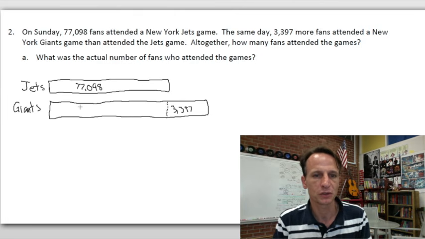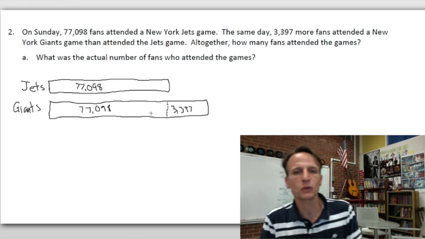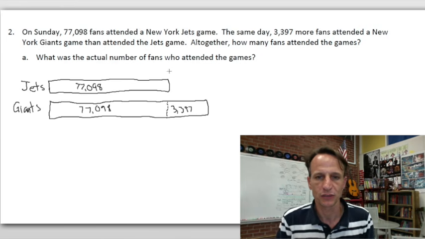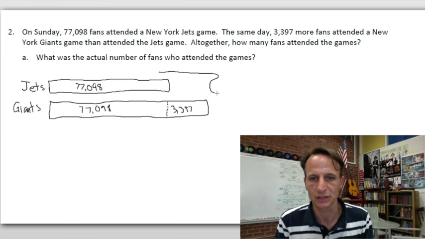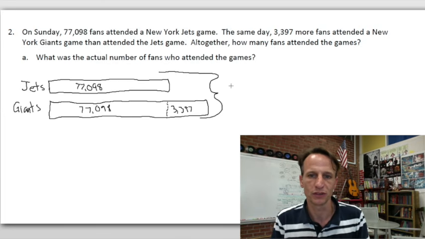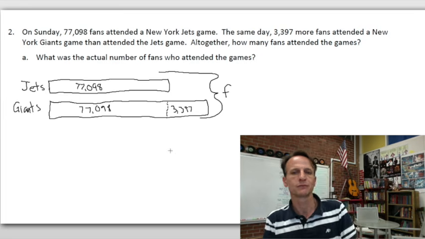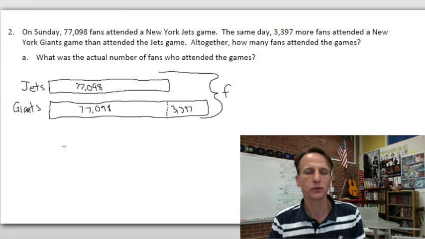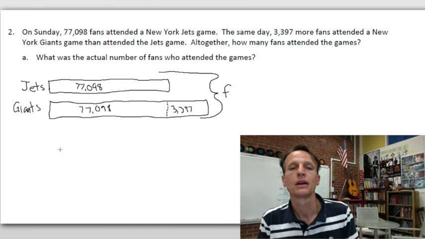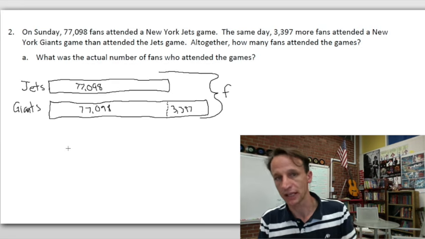So we know the value of this part of the tape as well is 77,098. But what is it we are trying to actually find here? Yes, it's the number of fans who attended both games together. Okay, so I'm going to make a nice big bracket there, and we'll use a variable of f for fans. Before we can put the two together, what do we have to figure out first? All right, how many are at the Giants game alone?